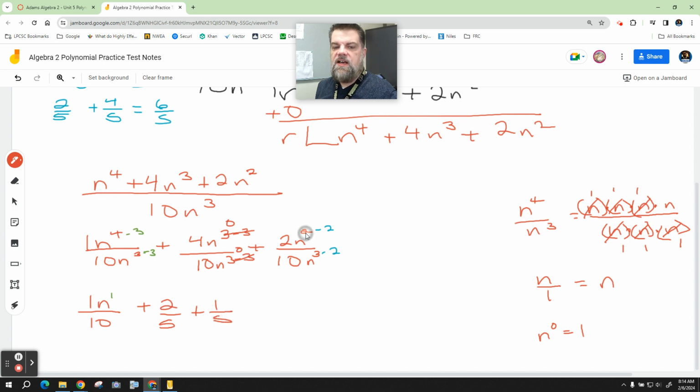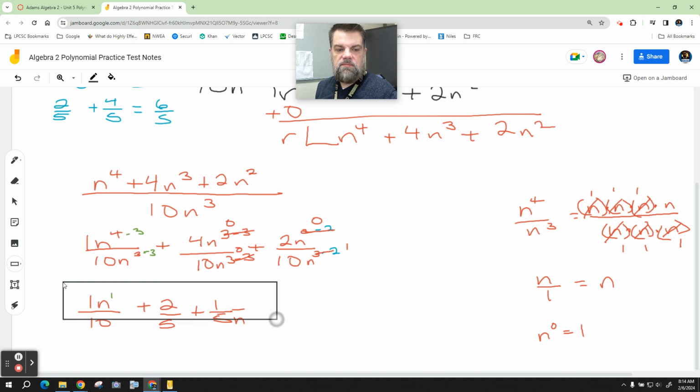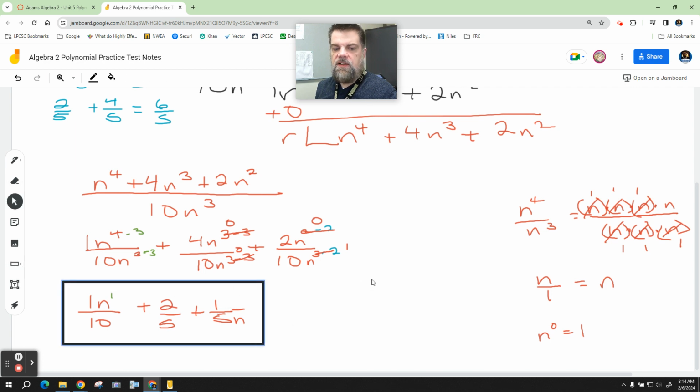Now, what is this right here? This is 2 minus 2, which is n to the 0, which is 1. But what's this here? 3 minus 2, n to the 1. So I have an n on the bottom here. That's our answer. It's a little wonky, but that's what it is.